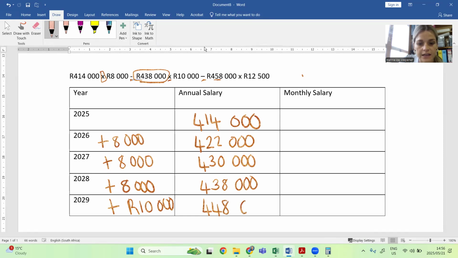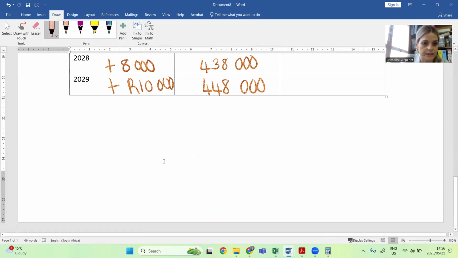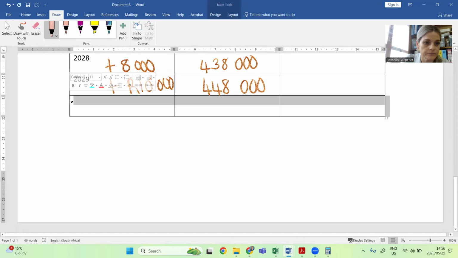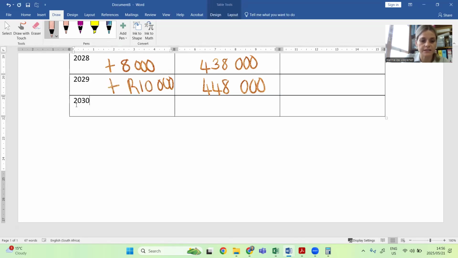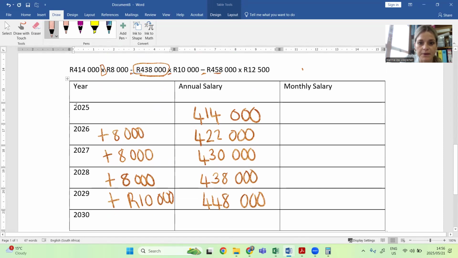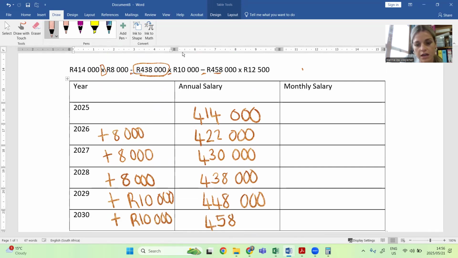So 448,000 at the end of 2029. And then if I add 2030, remember, he hasn't reached the next salary notch yet. So in 2030, he will again get an increase of 10,000 Rand for him to earn 458,000 Rand per annum.